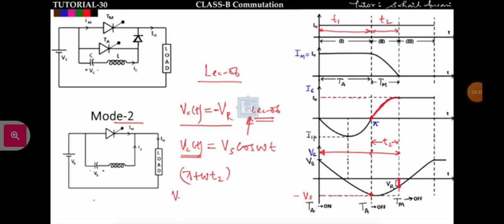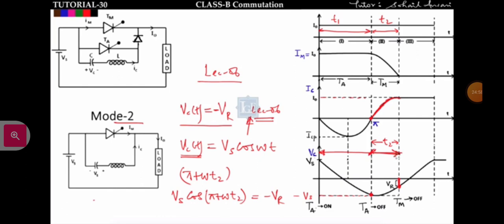Okay, so I can write like this: Vs cos of (pi plus omega t2) will be equal to minus VR. See, this is the Vs cosine wave, right? So this is pi and this is omega t2 in degrees.